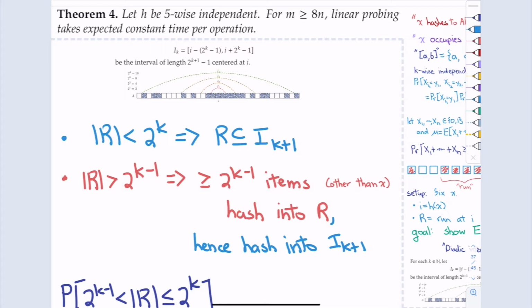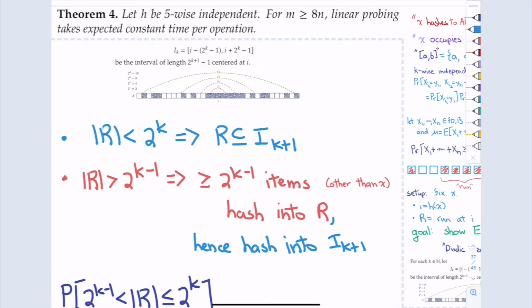The subtlety I'm trying to make here is that when analyzing this, the items are getting placed in all sorts of weird places, because the items don't occupy where they necessarily got hashed into. But within a run, a contiguous sequence where everyone's filled, any element occupying somewhere in the run got hashed somewhere earlier in the run. So getting this set up is delicate, although maybe easier in hindsight.